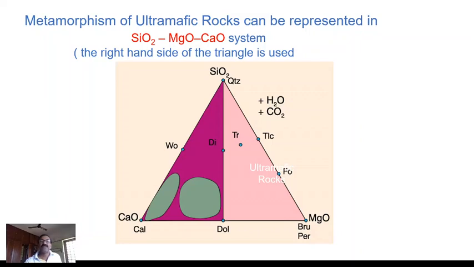The right hand side of the figure is represented by the meta-ultramafic rocks. Now we can see here the SiO2, CaO, MgO system. Here you can have the brucite and clays. Here you have the forsterite, talc, tremolite, diopside. You learned this much about the metamorphism of carbonate rocks in the previous lecture.